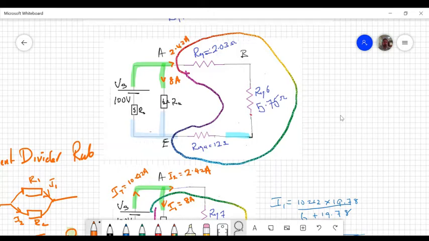Now this current flows through REQ1, 2.03 ohms. It also flows through this REQ6, which is 5.75, and it flows through this 12. So I can take the opportunity immediately to go and find the voltage drops across each of these branches.